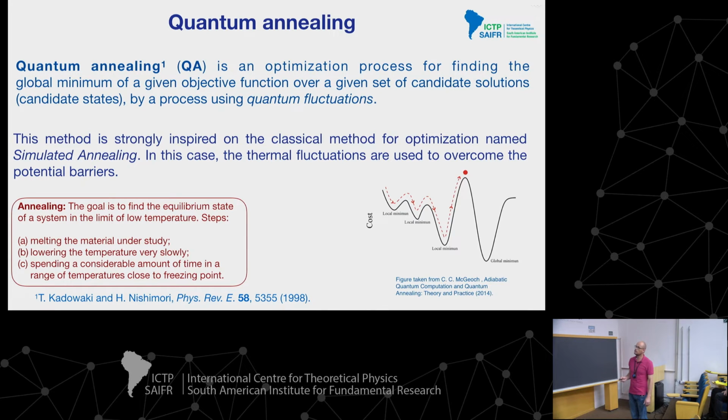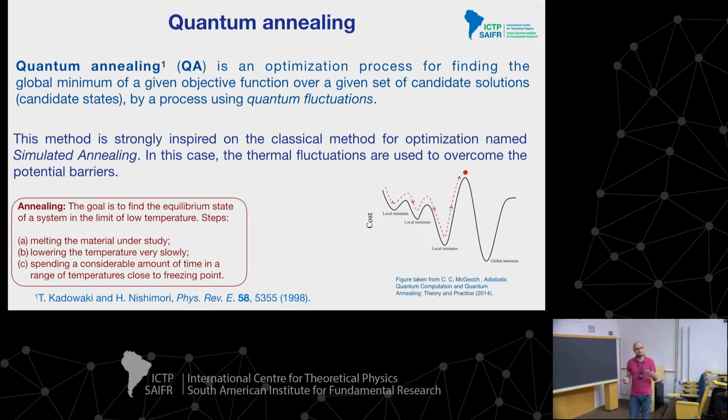So the idea, okay, is melting the material, lowering the temperature very slowly, and spending a considerable amount of time to achieve the final state that is at a very low temperature. It's something like that. Suppose that this is a cost function, and here we have a local minimum, and this is the global minimum, right? So the idea is to arrive here.